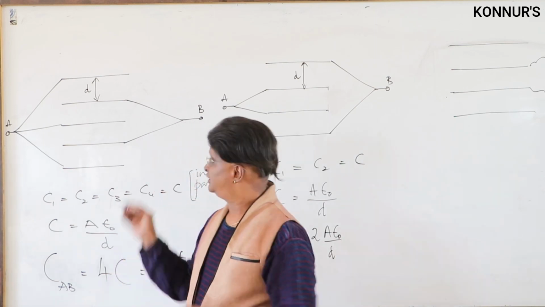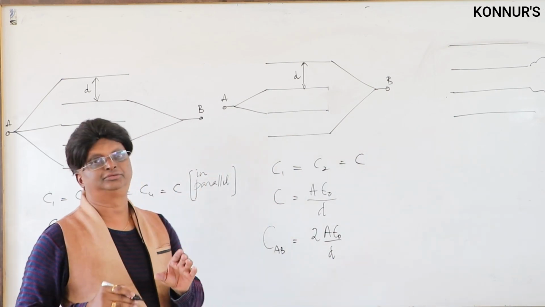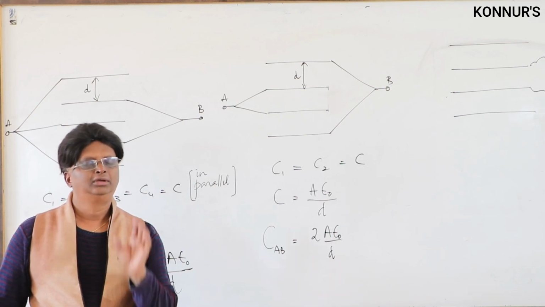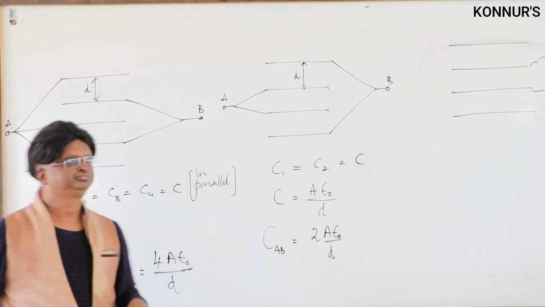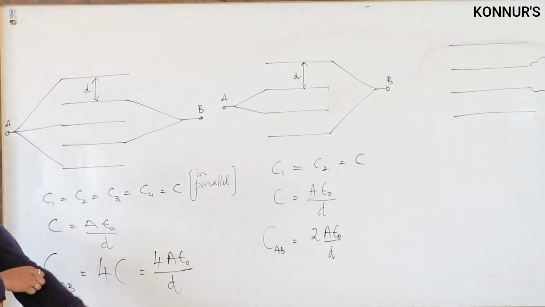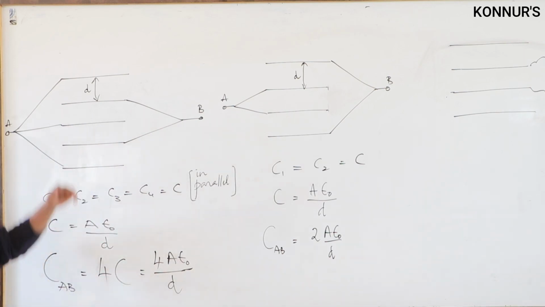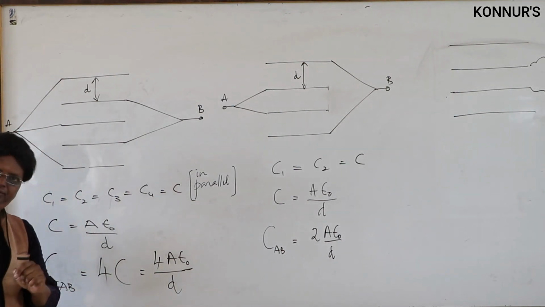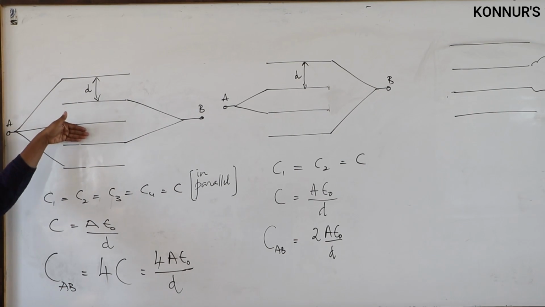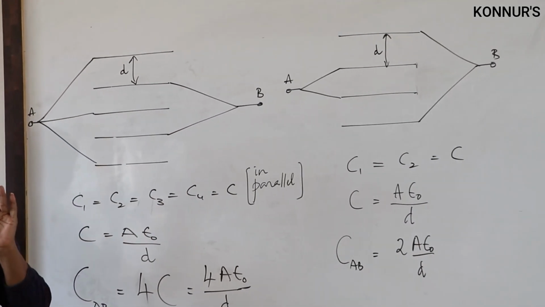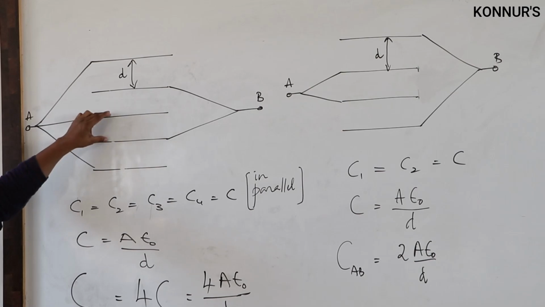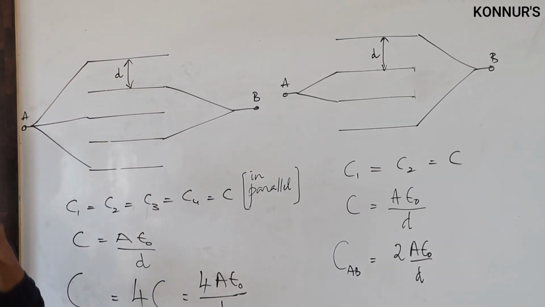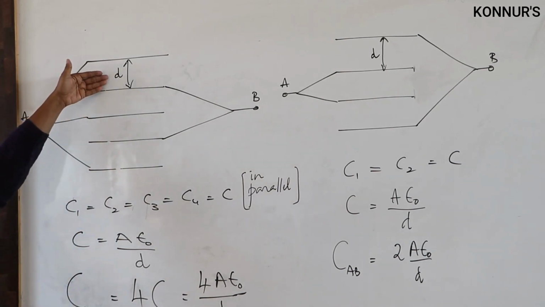Now, this first topic I am taking is the system of plates, the arrangement of plates and finding the capacity of the system. Here you see, I have shown an arrangement of 5 identical plates, each of surface area capital A, and the separation between any two plates is D. These are the usual notations which we have used earlier: A for surface area, D for separation.